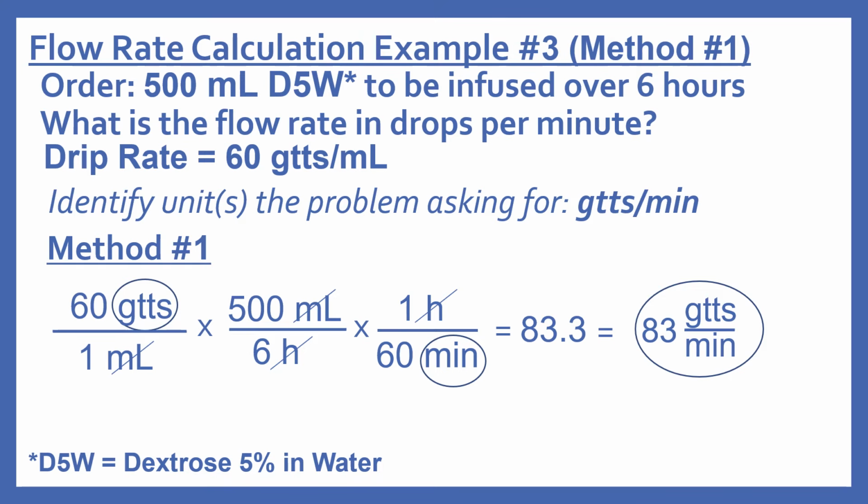And we're now left with drops on the top and minutes on the bottom. So that will give us the correct answer once we do the math. So 60 times 500 times 1 equals 30,000, divided by 6 times 60, that's 360, and that gives us 83.3, and we'll round that to 83, so it's 83 drops per minute.